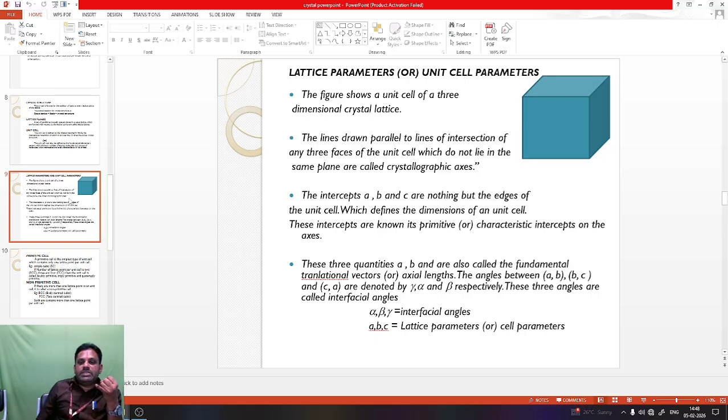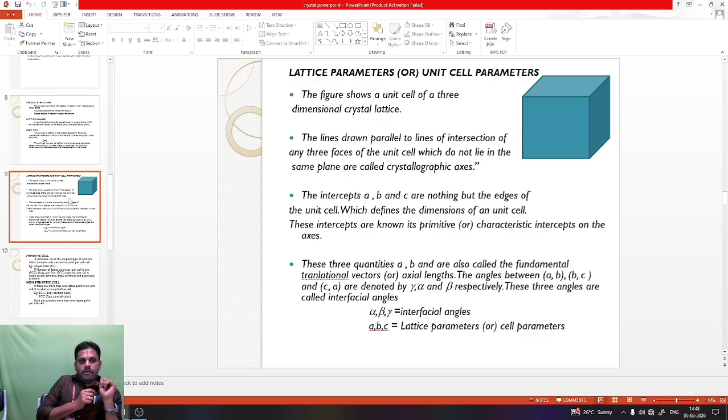Point of intercepts and interfacial angles. The point of intercepts, or the lattice parameter or the cell parameter, is nothing but the length of the crystal in 3 dimensional axes. We know very well about the x axis, y axis and z axis.